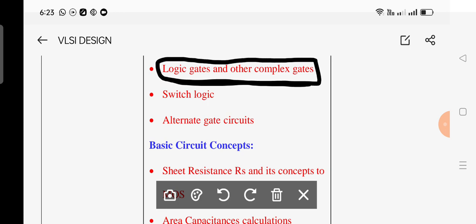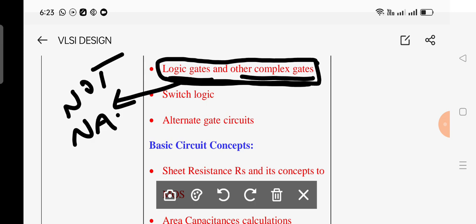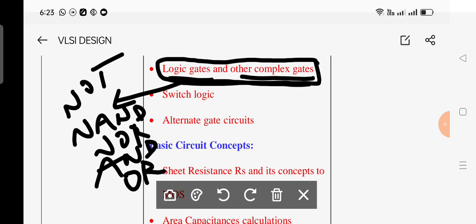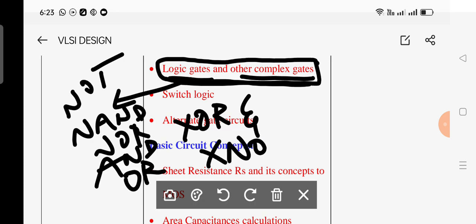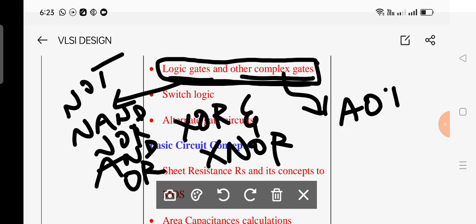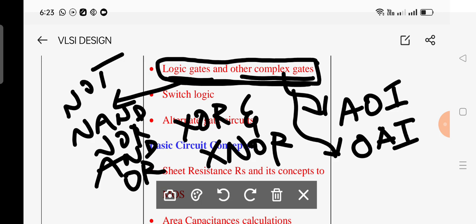Logic gates in the sense NOT gate, NAND, NOR and OR, XOR and XNOR gates. Then coming to the other complex gates, we have 2 major complex gates, the AND OR inverter and OR AND inverter concept. I hope that is clear to all of you.